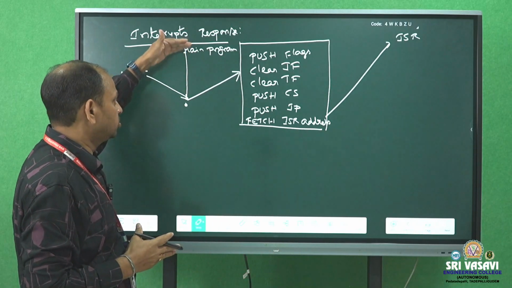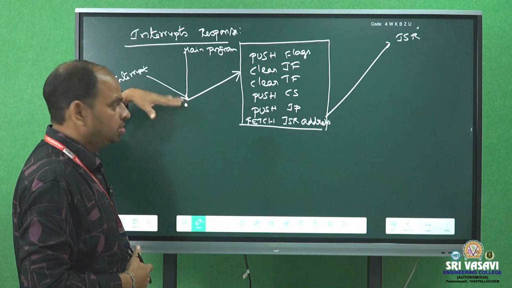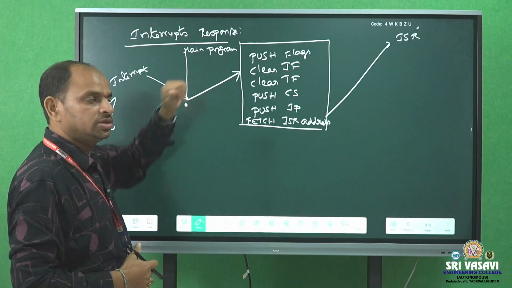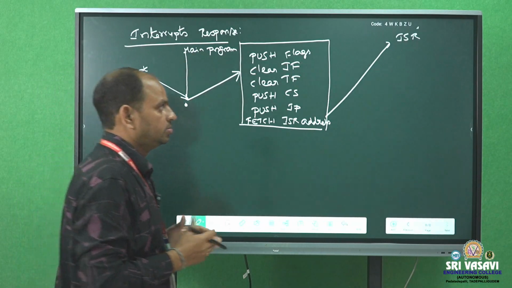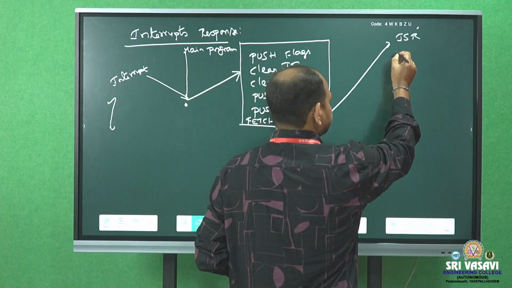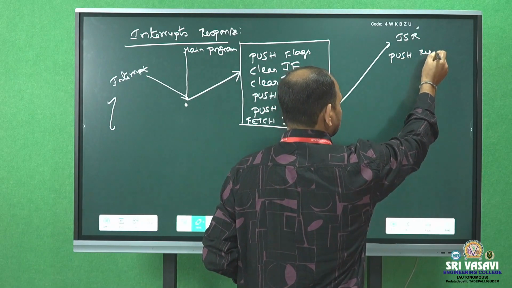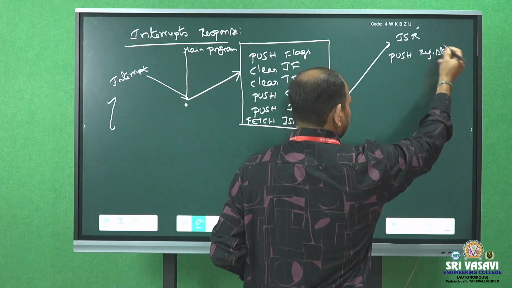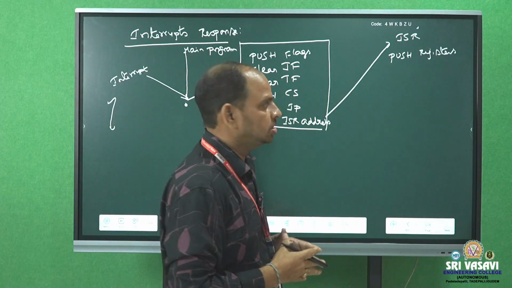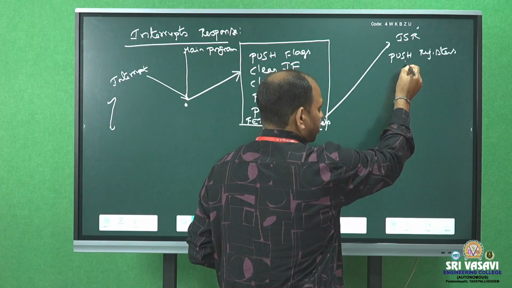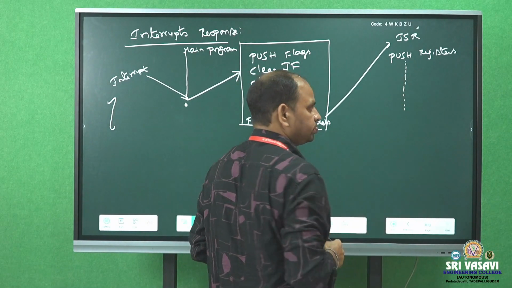In that ISR, first we have to save the registers that are used in the main program. Those registers should be saved into the stack, that is, push registers. Then it executes the ISR program.